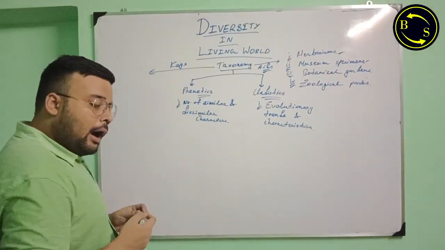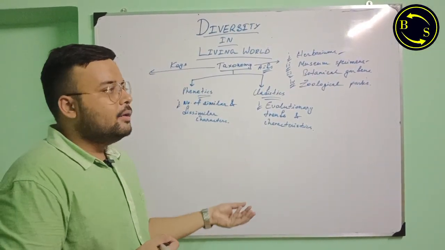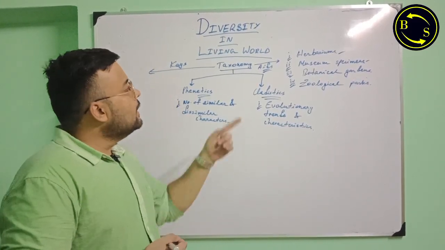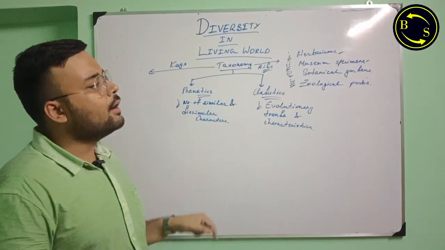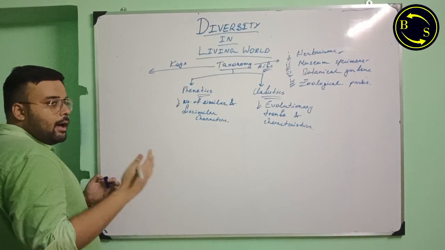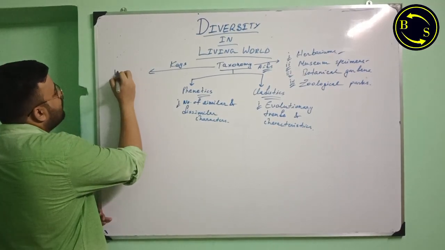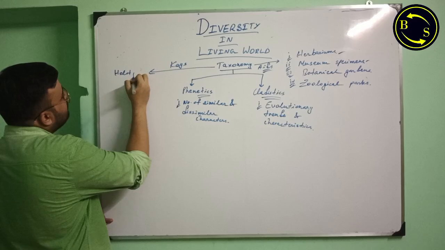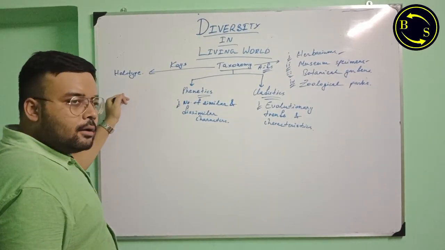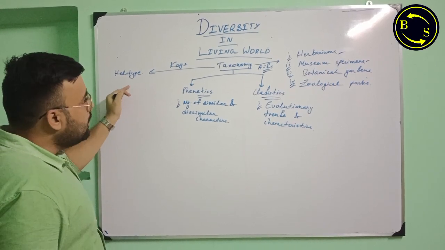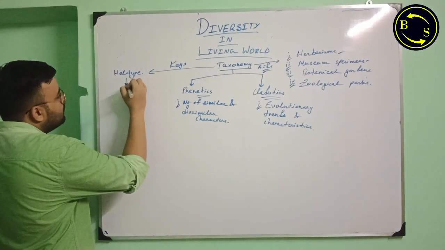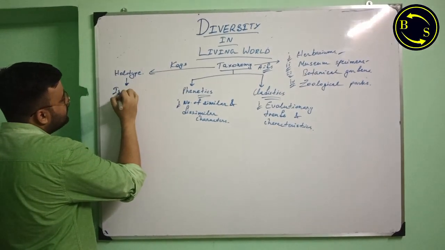So, if you identify a plant or an animal or a part of a plant or a part of an animal that has no record in the herbarium, the museums, the botanical gardens, the zoological parks, it is deemed as a new specimen or a new animal group or plant group known as a holotype. And all the other similar living things identical to the holotype are known as the isotypes.